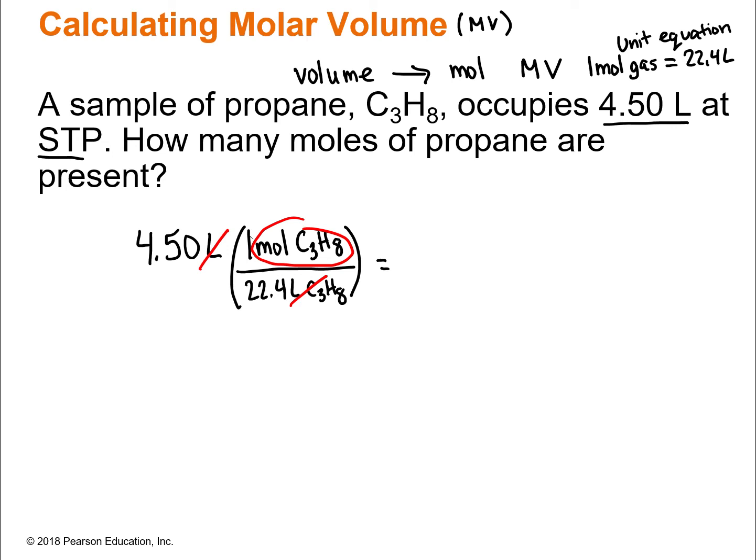When you divide, you should get 0.201 moles of propane. So that's molar volume. We can go from volume to moles and moles to volume.